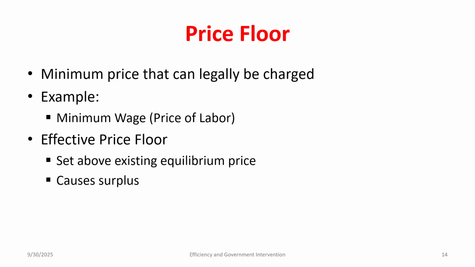Okay, so we would identify producer and consumer surplus the same way we did before. But let's think about what's going to happen if the government comes in and sets a price floor. We said an effective price floor has to be set above the equilibrium. So let's say they come in and say, here's this minimum wage. You can't pay workers an hourly wage rate anything below this. Well, what's going to be my quantity supplied at this new higher wage?